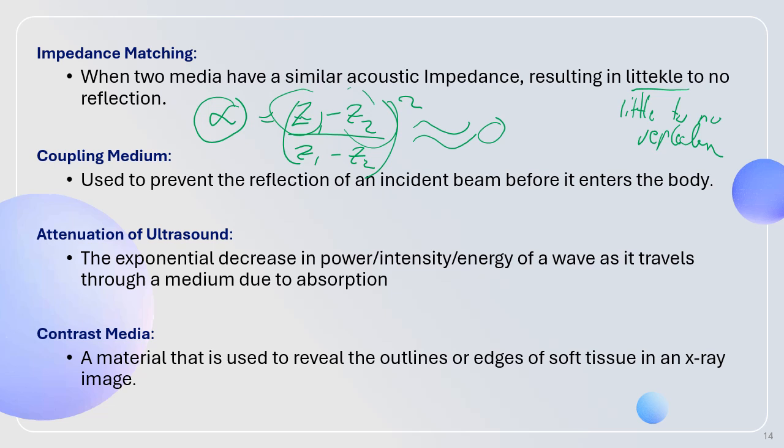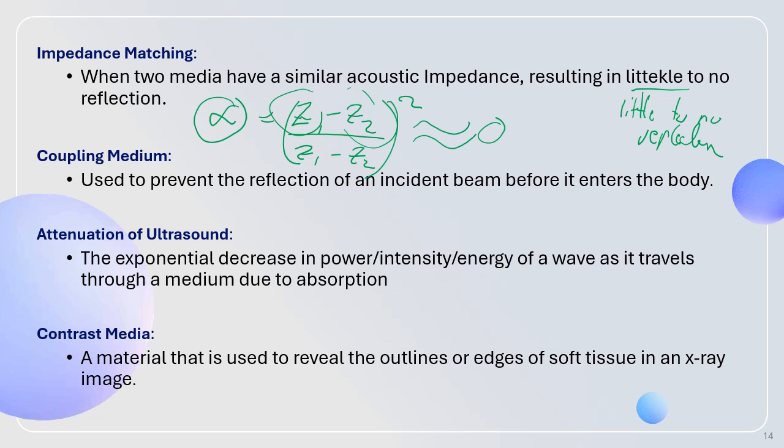So in real life, when they diagnose women who are pregnant and they want to monitor how the baby is growing, how the fetus is growing, and all that, they use a coupling medium and then they smudge it over the area they want to expose to ultrasound.